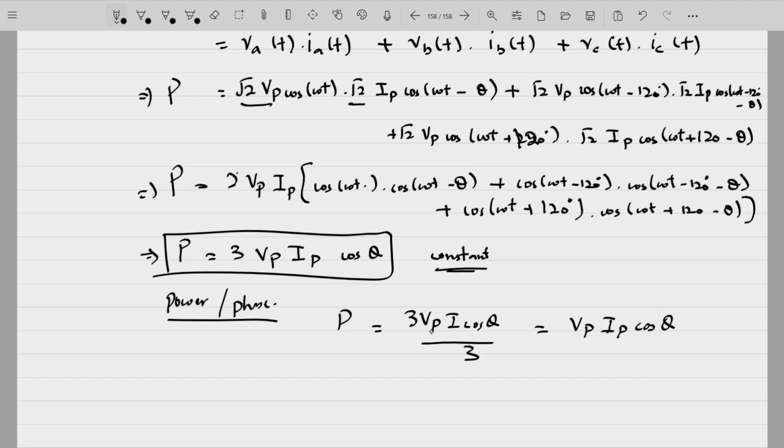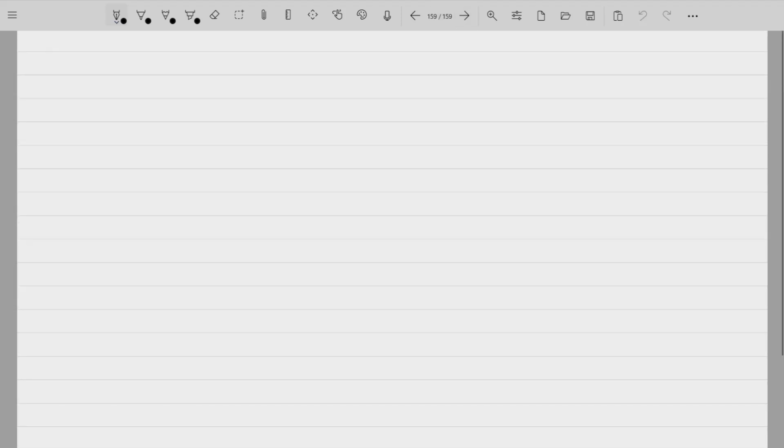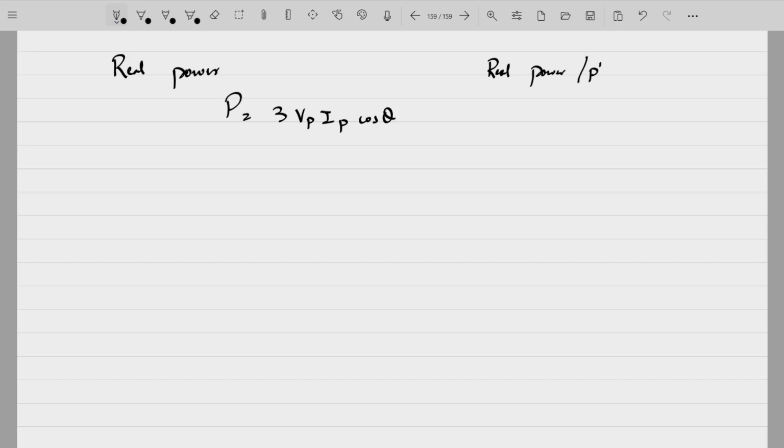So if real power is Vp Ip cos theta, this is real power, total real power, and this is real power per phase.